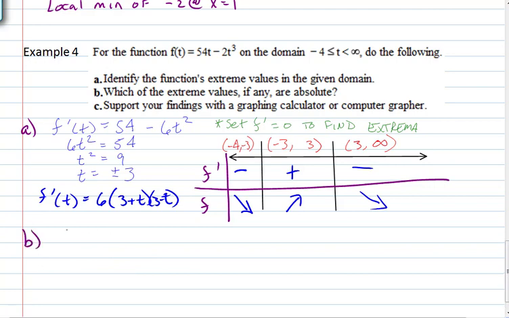So I need to evaluate f of -4, f of -3, f of 3, right? Mm-hmm. So go to the original function. Replace t with -4. And tell me what we get.